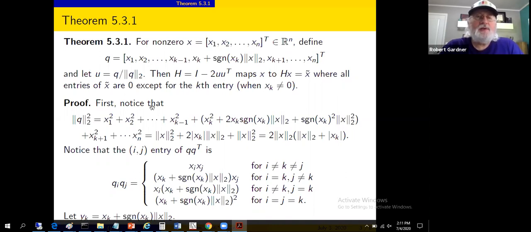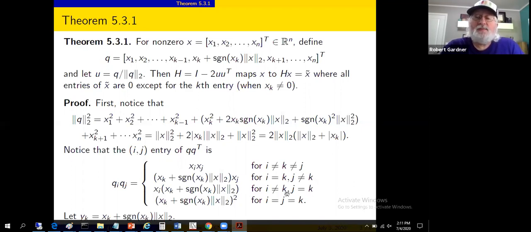Now, the components of Q are the same as the components for x, except in the kth component. So if we stay away from k, q sub i q sub j is going to be x sub i x sub j. If we hit k, then we're going to have to use this thing here. So if i equals k and j doesn't equal k, then the ith component, q sub i, is this, and the jth component is the same as x's jth component because j doesn't equal k.